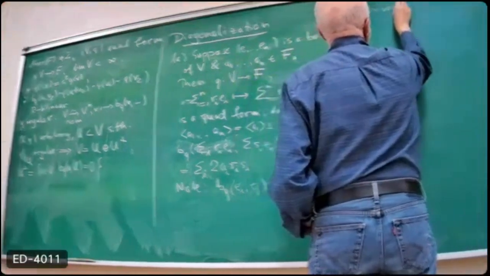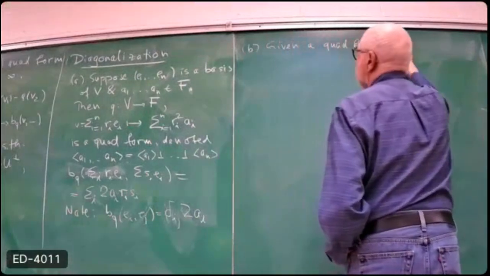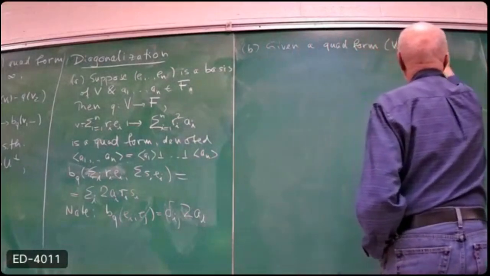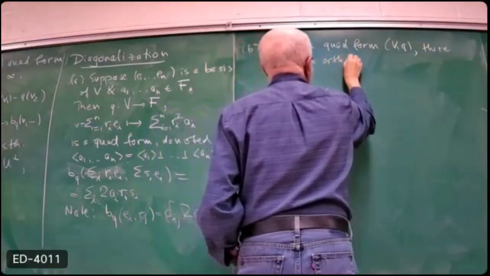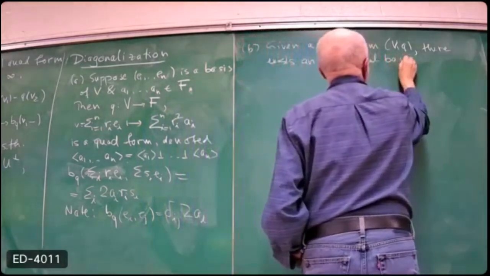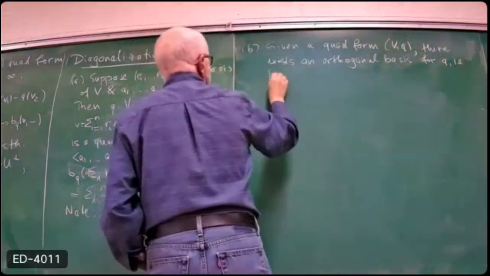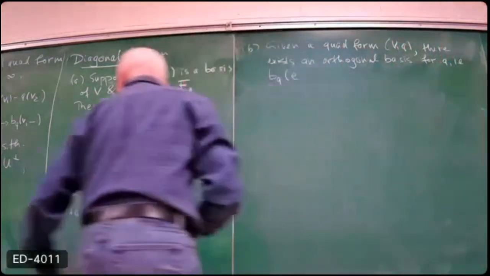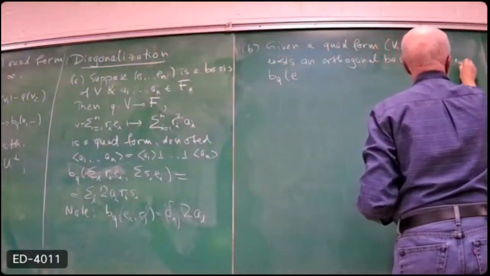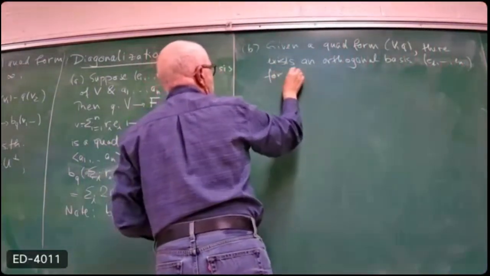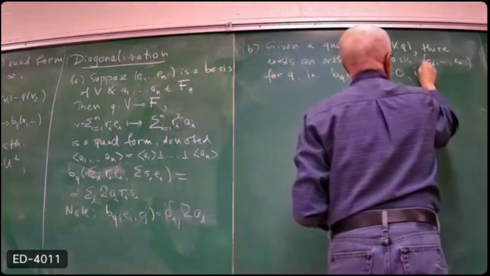If we are given an arbitrary quadratic form Q on V, there exists an orthogonal basis for Q, i.e. for B_Q, which says that B_Q of e_i, e_j is 0 for i not equal to j.